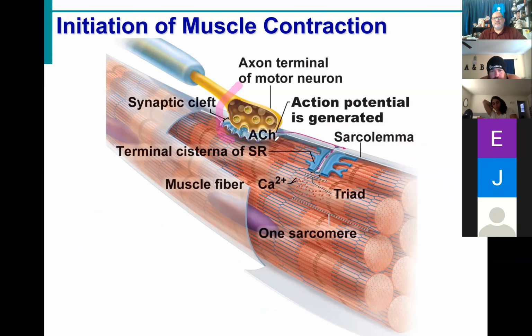Here, of course, is the neuromuscular junction, our sarcolemma, that fold of the sarcolemma, the transverse tubules. We see a little bit of the sarcoplasmic reticulum, the enlarged terminal cisternae, and we see how they're wrapped around all of these myofibrils. And then notice again, here we see our single sarcomere of our myofibril.